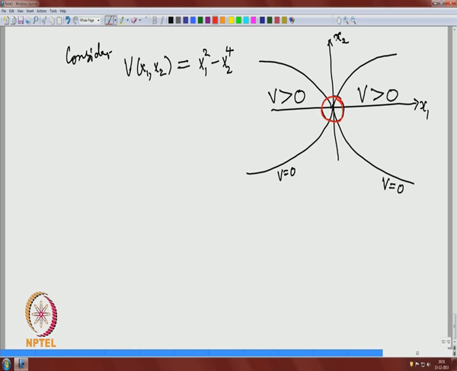So, since V is continuous, certainly the set where V is positive is open. Okay. So, if it contains a point, then it contains also a small ball around, that you can see here clearly in the picture.